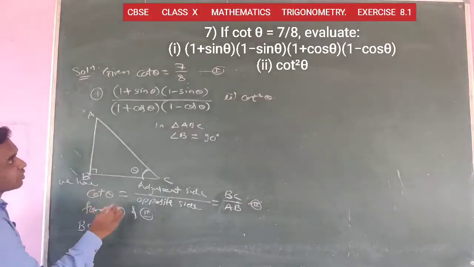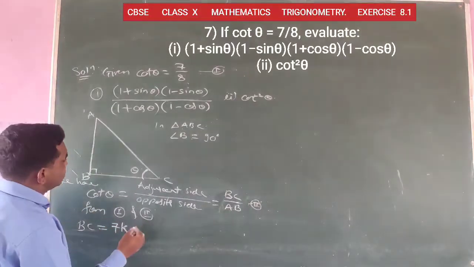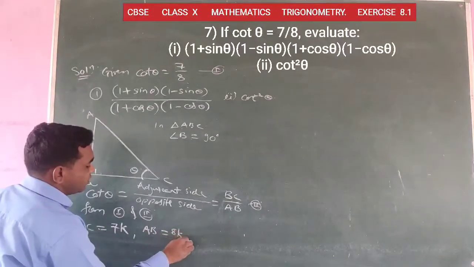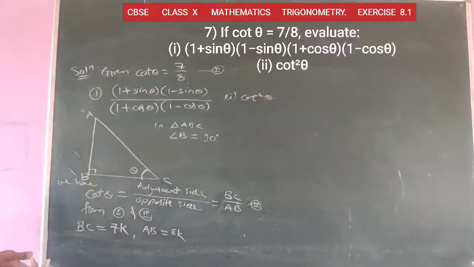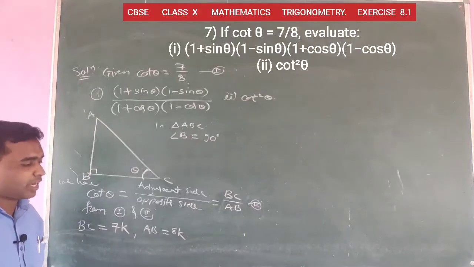So BC is equal to 7K and AB is equal to 8K.